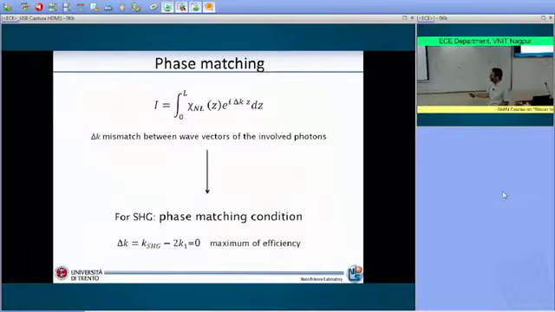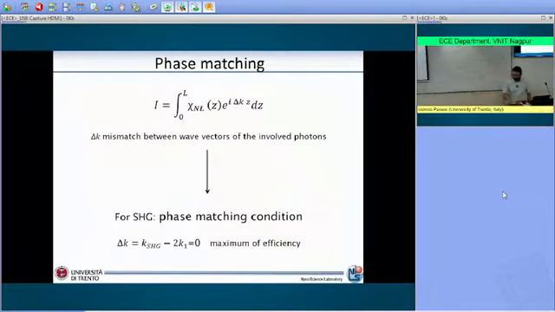So the longer the length, the larger the generated photon intensity, depending on the value of this parameter here. Delta k is the critical parameter that measures the mismatch between the wave vectors of the involved photons.